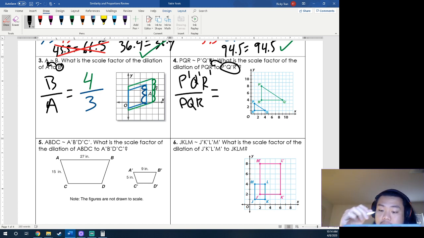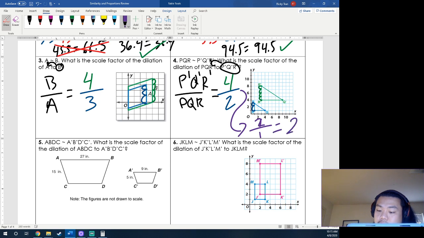From the prime version, we have 1, 2, 3, 4. And from the non-prime version, we have 1, 2. So 4 over 2, which becomes 2 over 1, or just 2. So your scale factor is just 2.